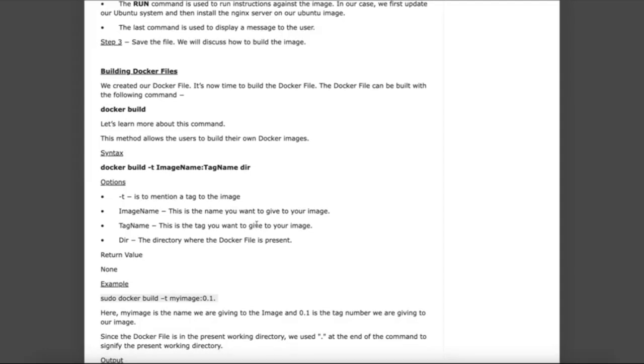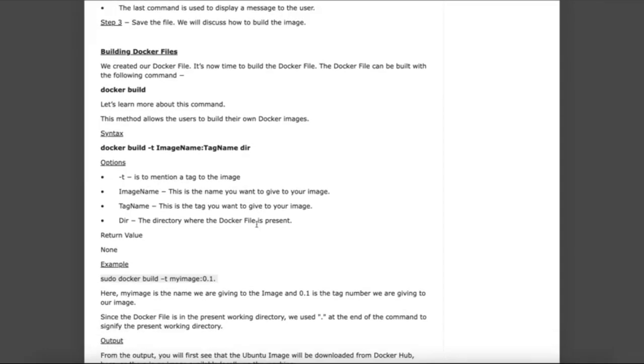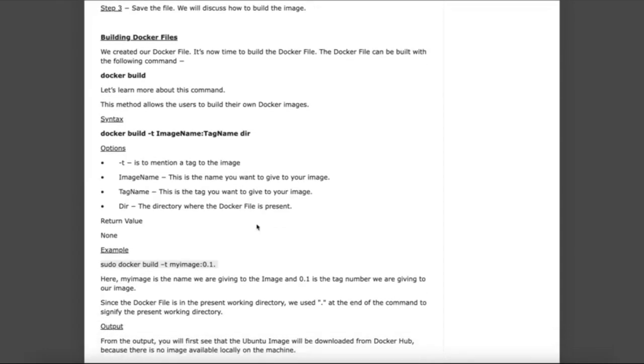Then, using the build command, how to create the Docker image. So let's discuss that. To build the Dockerfile, first we have to use the docker build command. The syntax is given below. docker build -t is basically used when we have to give a tag to our image name, followed by the directory where our Dockerfile is located.